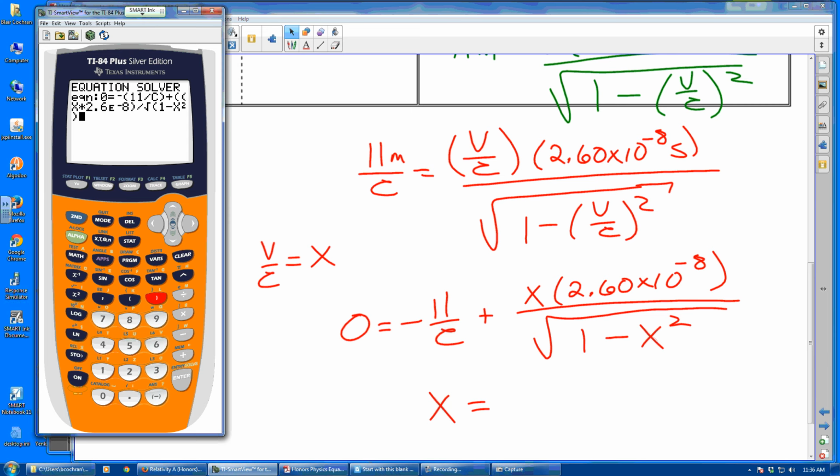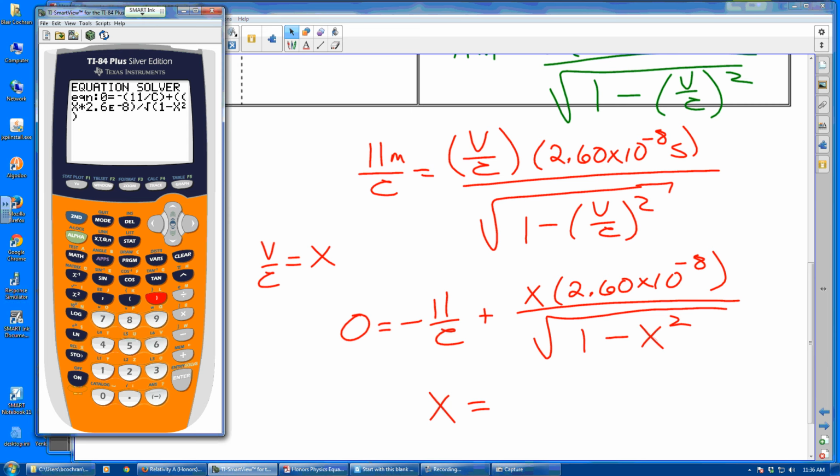I'm just looking to make sure I did everything correctly. Math, you hit the up arrow to get to the bottom of your list, and it's solver. And then hit up arrow again to get to your equation.